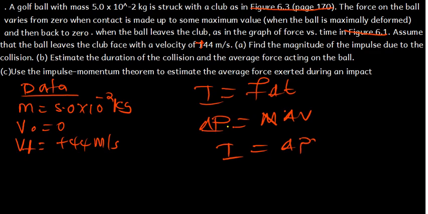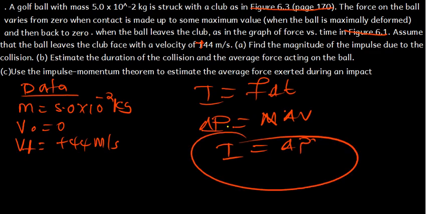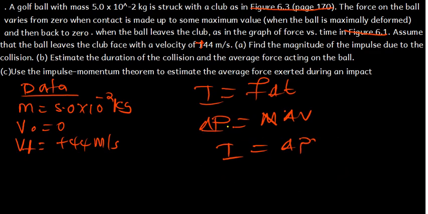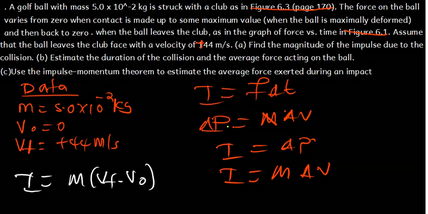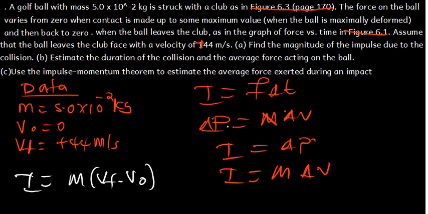So I can use this to find the impulse. Impulse is the mass times the change in velocity, which is the final velocity minus the initial velocity. So impulse equals m times v final minus v initial. Now let's plug in the values and see what we're going to have.